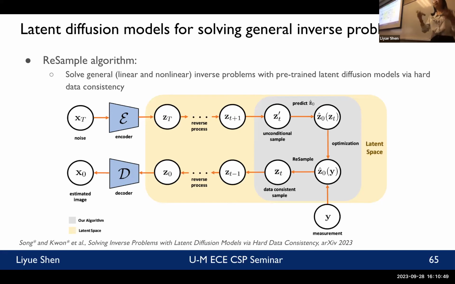Because of the nonlinearity, no matter whether your inverse problem is linear or nonlinear, it will essentially become a nonlinear problem with this kind of encoder-decoder. So how can we make the data consistency really injected in the latent space and also guarantee good data consistency in the generation or the reconstruction?